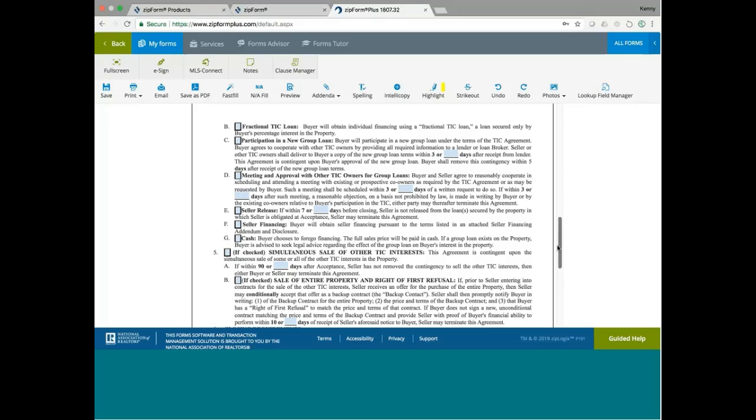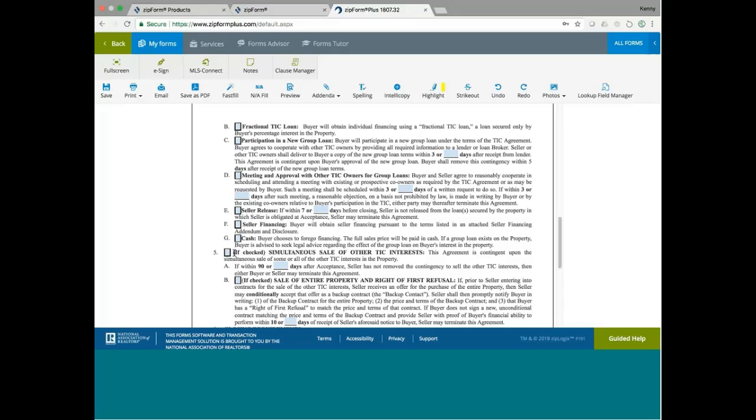And number 5 talks about simultaneous sale of other TIC interests. You know, if one TIC is selling and another TIC is also selling, and you have more than one TIC selling at the same time, you might have to use number 5.